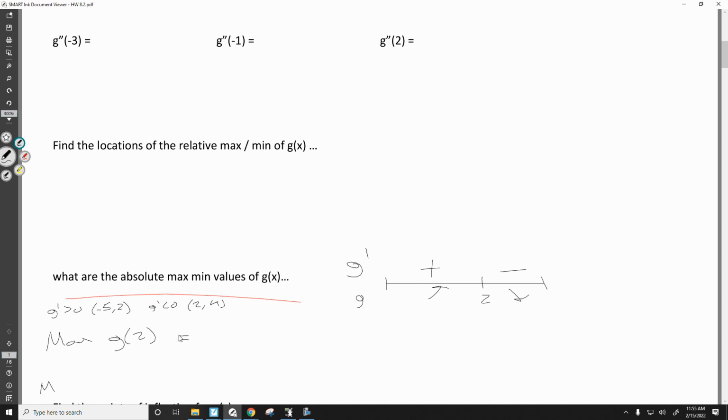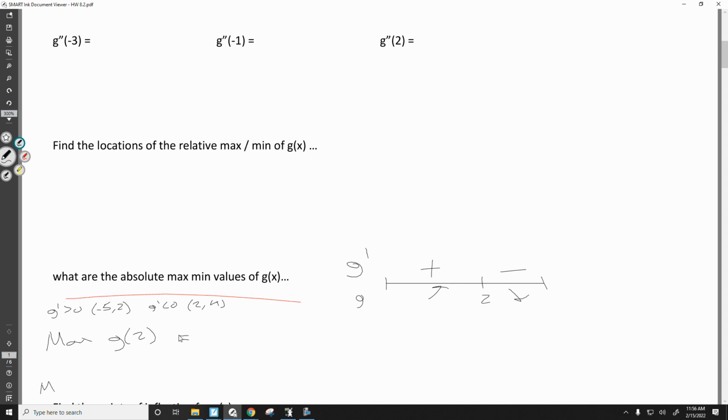Go ahead. What's G of 2? What's G of 2? 10? Anybody else get 10?